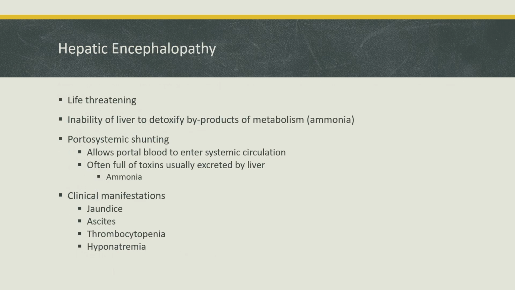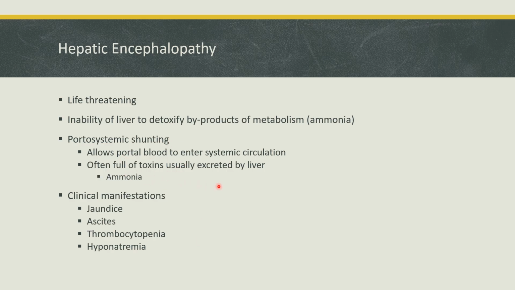So hepatic encephalopathy can be life-threatening. Okay, this is when we're not able to detoxify our body from all of that extra ammonia. This can be a result of portosystemic shunting, as well as portal hypertension.